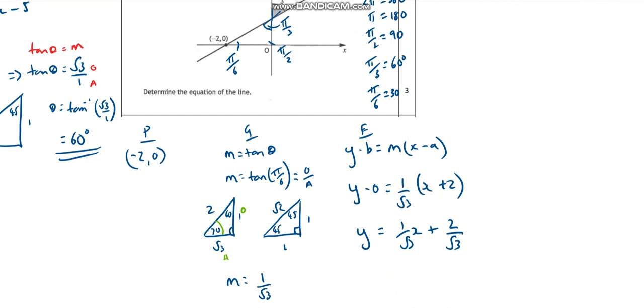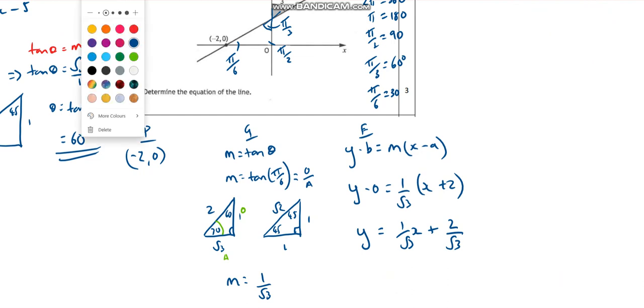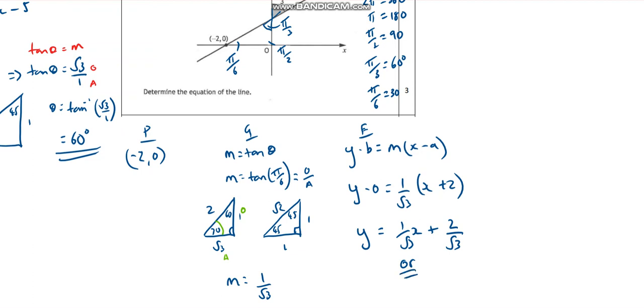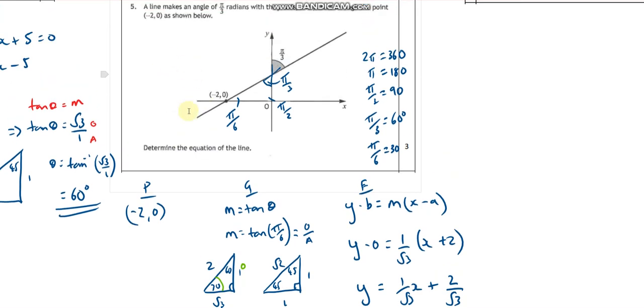Or, if you wanted, you could maybe just write it a bit nicer. So I'm going to put a big 'or' here. You could multiply everything through by root 3 and say that's the same as root 3 y equals x plus 2. That's fine. But this is in the form y equals mx plus c. So, again, you're looking at the equation of a line. So you're doing point gradient equation, PGE.